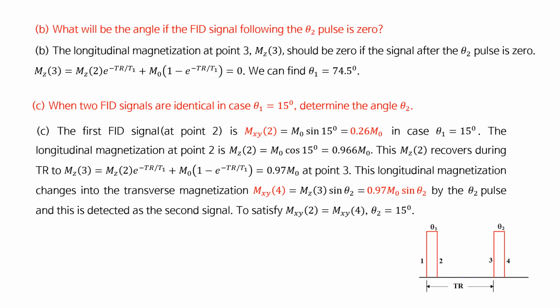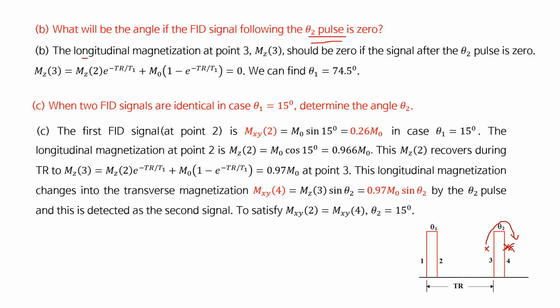Next question, what will be the angle if the FID signal following the theta 2 pulse is 0? So this signal, right, at this point. Once the signal at this point is 0, then the longitudinal magnetization Mz3 at point 3 should be 0, right? Then the signal will be 0.